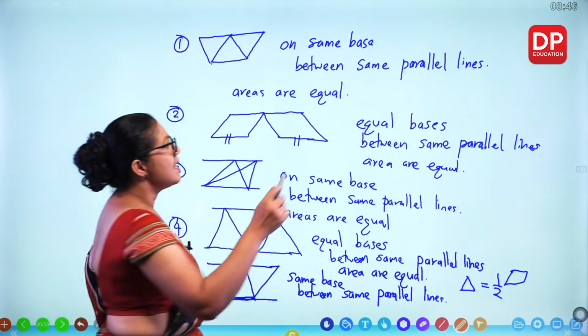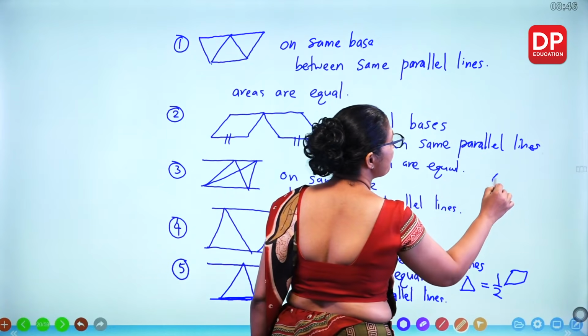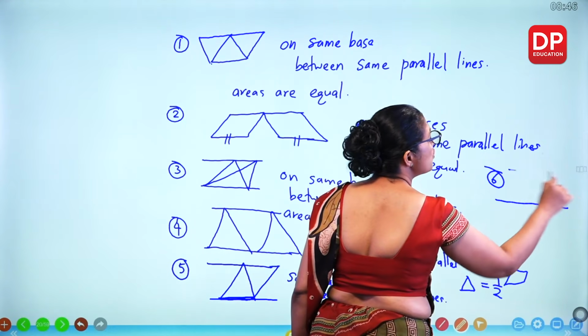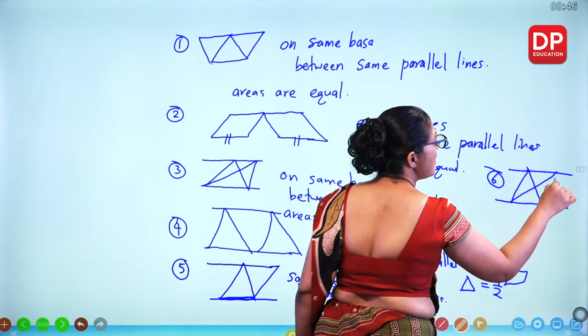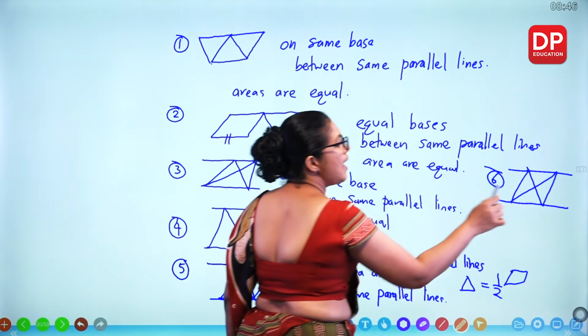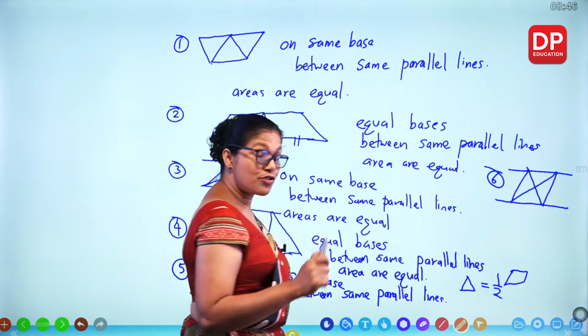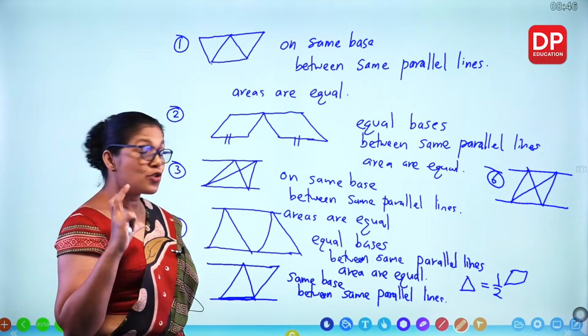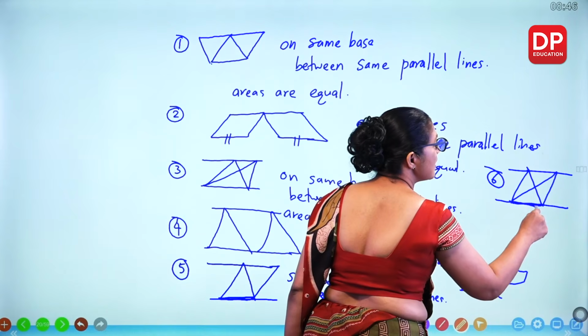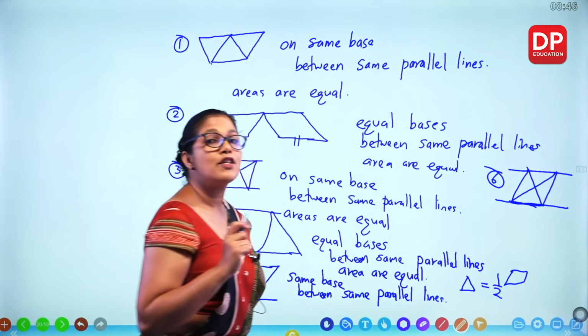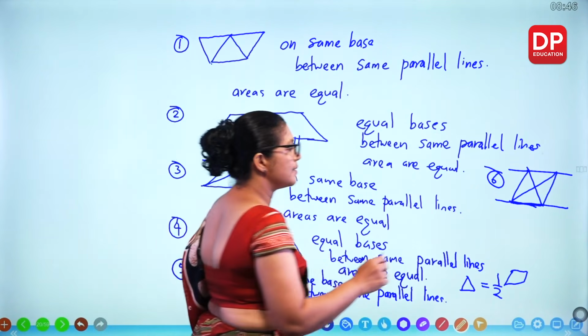It says in the sixth theorem, if two areas are equal and the two triangles are in between two lines with the same base, then we can say the two lines are parallel.